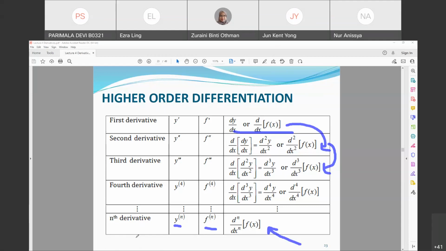But in some situation, for example, previously my lecturer, which is Prof. Hotlai, dia ajar saya, dia guna this kind of pembezaan yang higher order, dia guna pengamiran yang higher order. Kenapa?